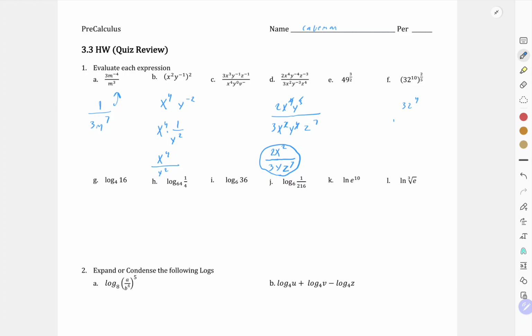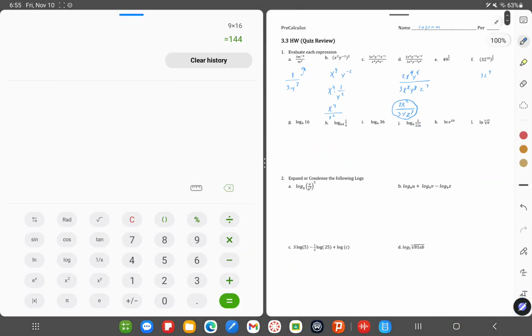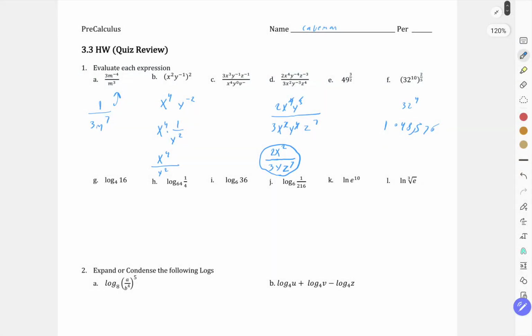I don't even know how to calculate that. See if I have a calculator here. 32 times 32 times 32 times 32. That's a big number. That's 1,048,576. Okay, that's a big number.